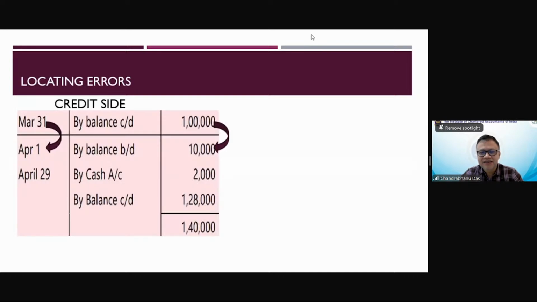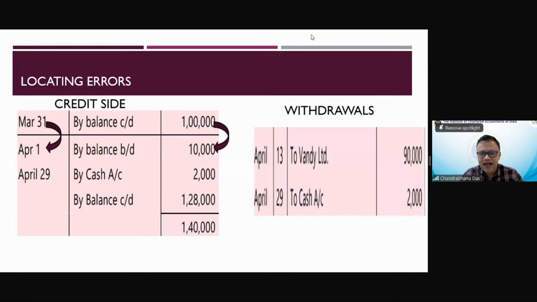On the credit side, there are some withdrawals, and the withdrawal is to somebody called Vandy Limited, 90,000.